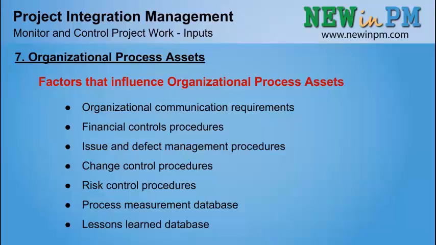The seventh input, that is, the organizational process assets. So the factors that influence the organizational process assets are organizational communication requirements, financial control procedures, issue and defect management procedures, change control procedures.